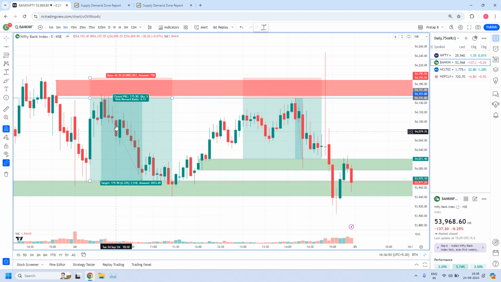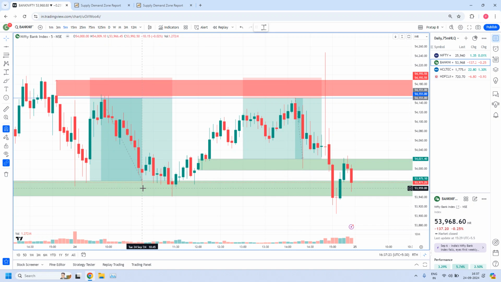This also you can consider. Drop, base. This is a failed ERC as a leg-in. You can consider this like a drop candle, base candle and drop candle. Drop, base, drop. A new supply zone is created. But the moment you took the trade, it acted as a high priority, high liquidity zone. Because it acted as high priority, it created the new zones and finally it reached the target.